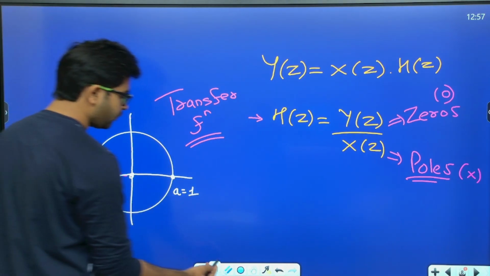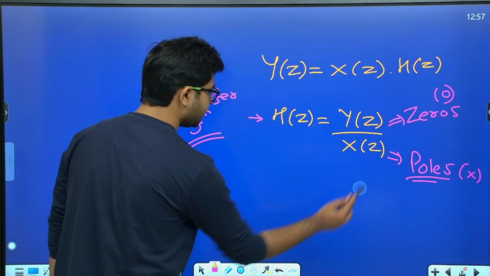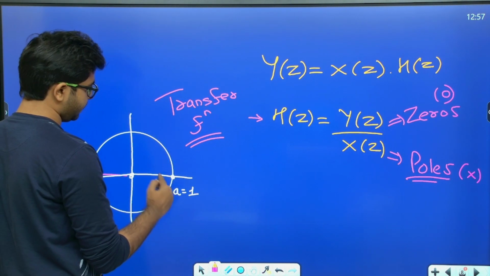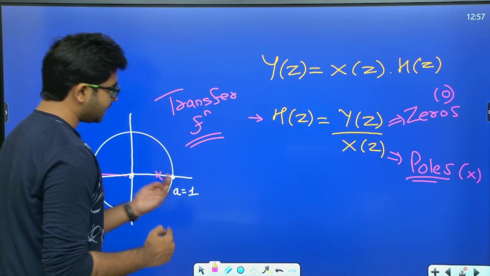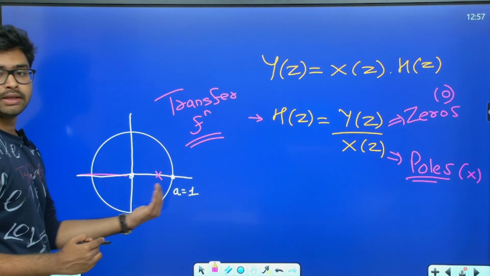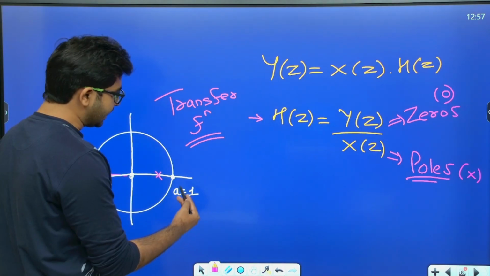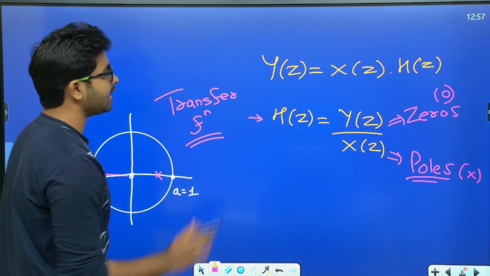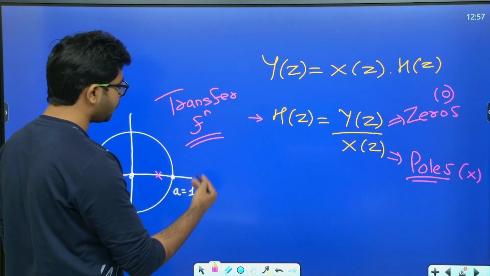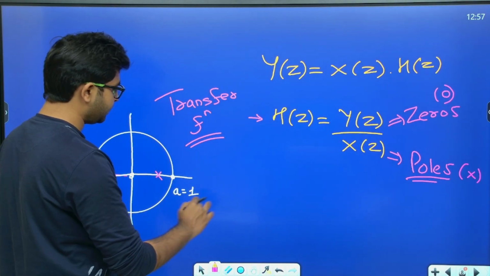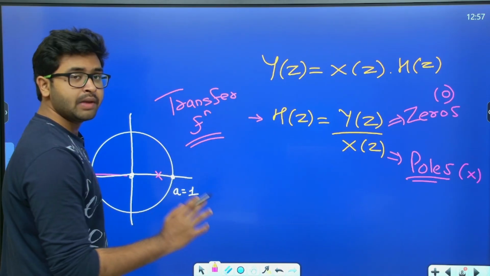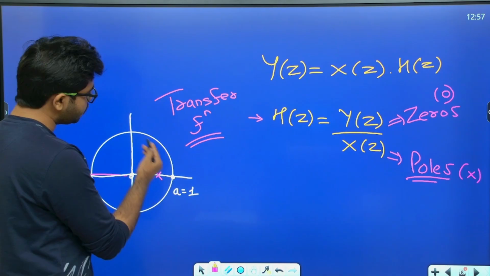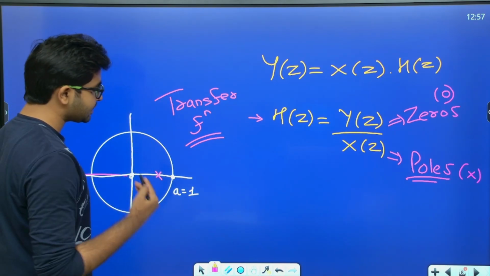And if the poles of the given system lie inside, if the poles are less than 1, or the given A is just for the example. We will be having any A value. A can be anything, let's say 5, 6, 10. It will depend on the given example only. But the poles are less than that, meaning the poles are lying inside the circle.